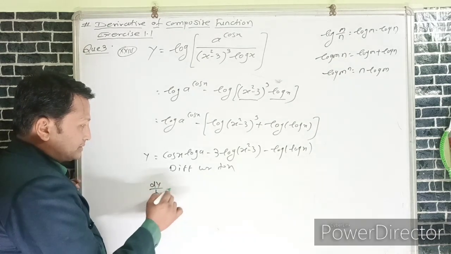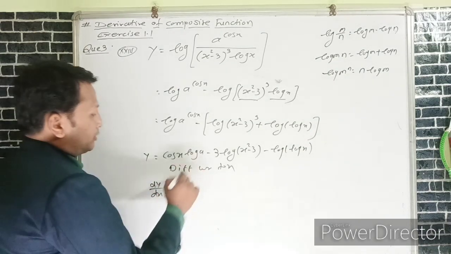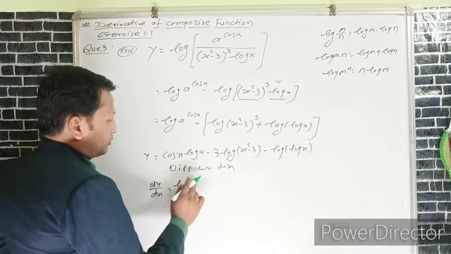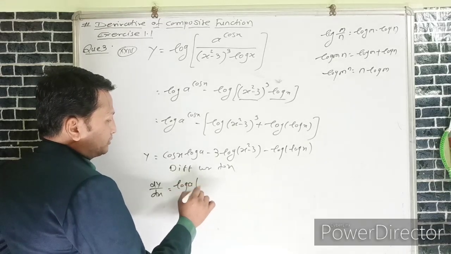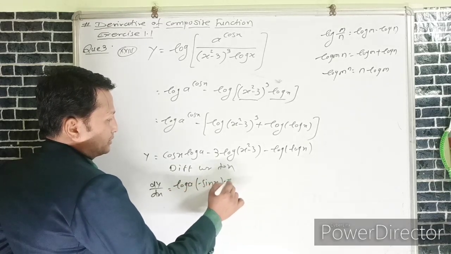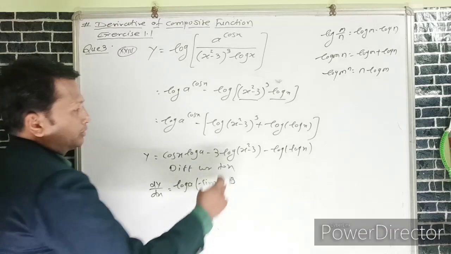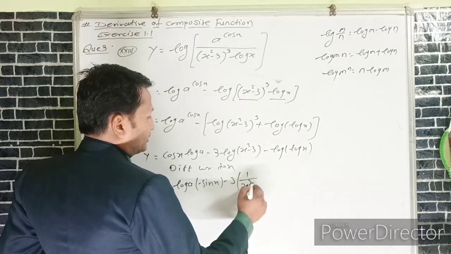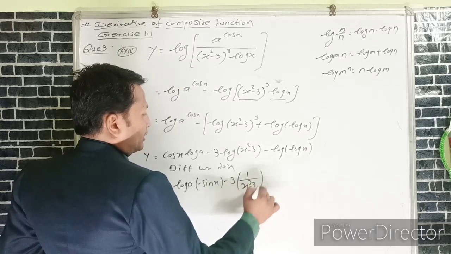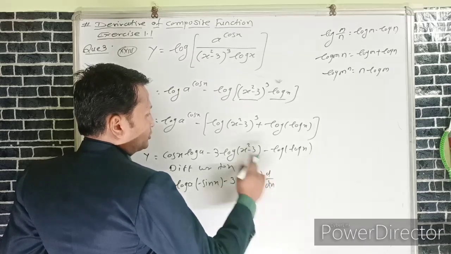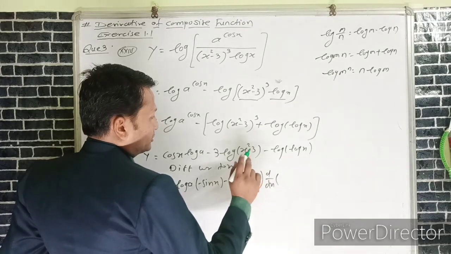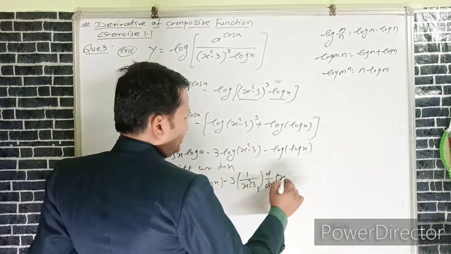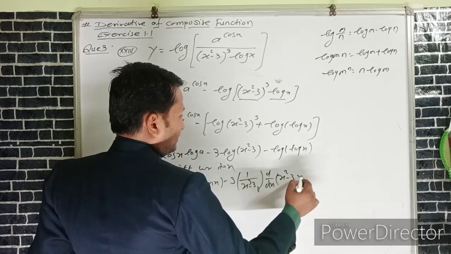dy by dx. Log a is a constant and the derivative of cos x is minus sin x. Minus 3 constant, the derivative of log of (x square minus 3) is 1 upon x square minus 3, and we take again the derivative of x square minus 3.